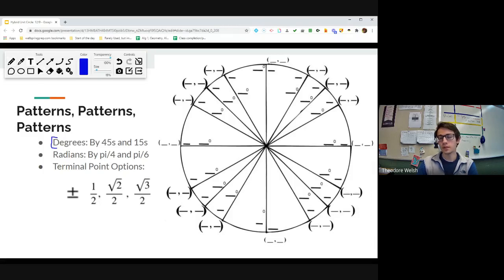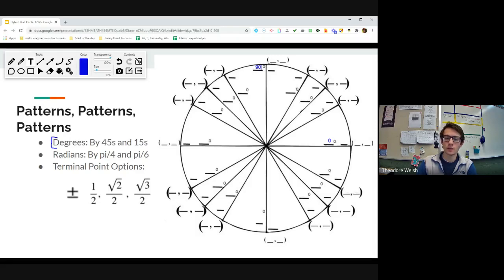So a couple things to note. Number one, there are a few degrees that I would consider the easy degrees. So on that positive x-axis, we have 0 degrees. On the positive y, we know this is 90 degrees.